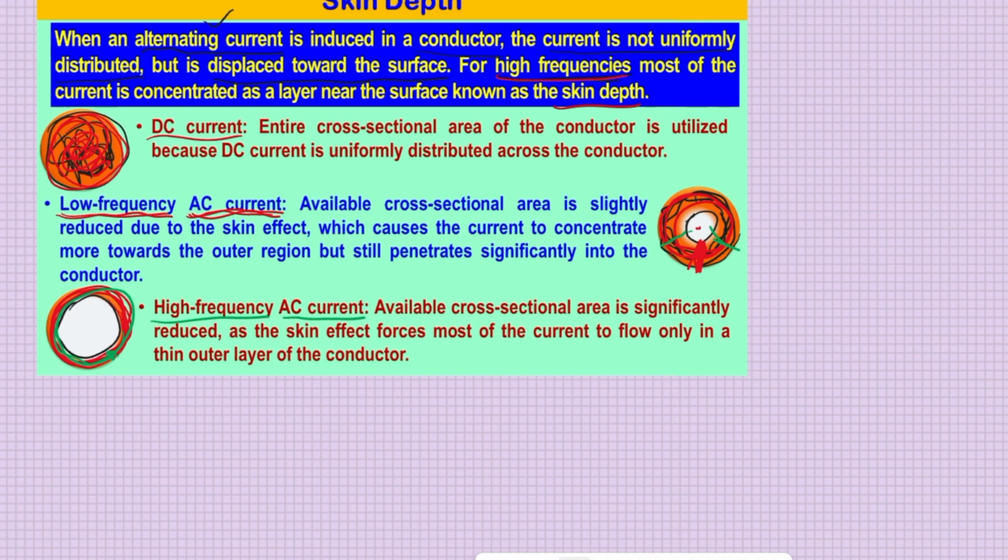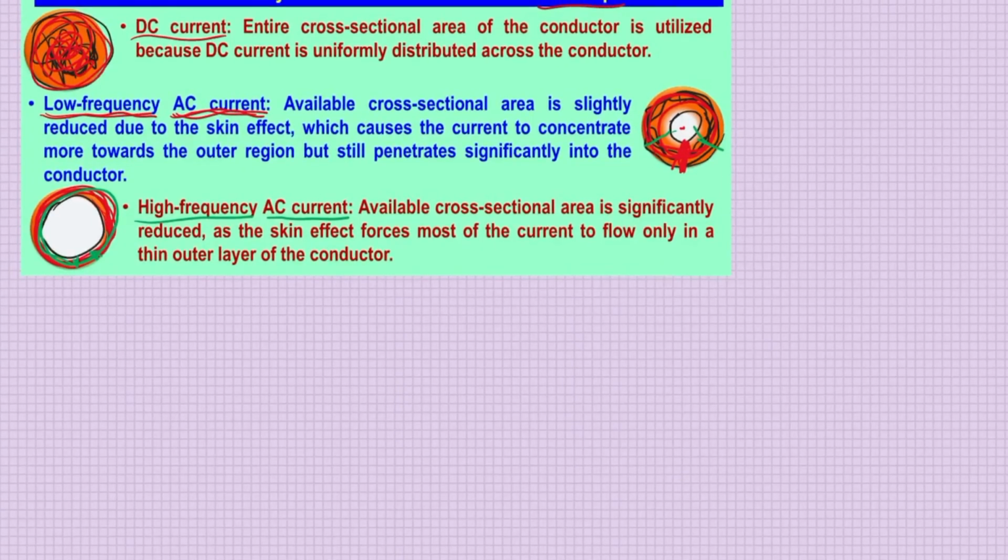Now we will see what factors dictate the skin depth, what controls or decides the skin depth for a given material and for a given frequency of the AC current. The general formula for obtaining the skin depth is as follows.